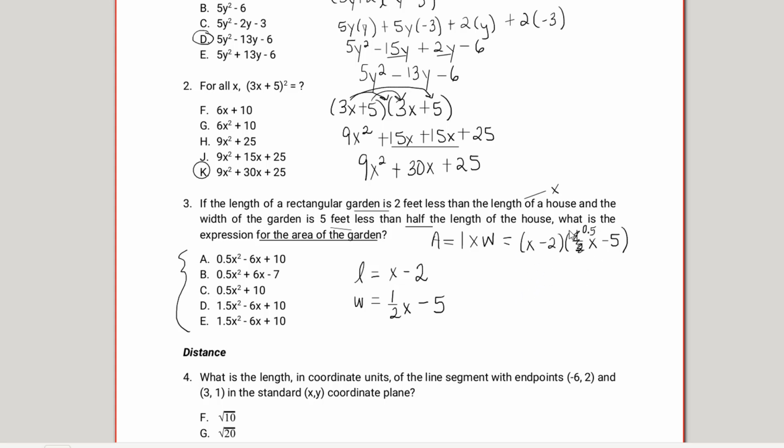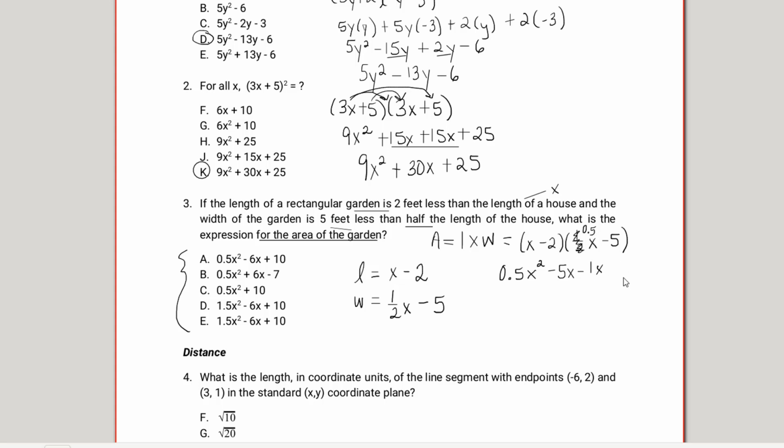So now we're going to multiply the first times first. 0.5x times x gives us 0.5x squared. x times a negative 5 is negative 5x. Negative 2 times 0.5x, that's going to be a negative 1x.